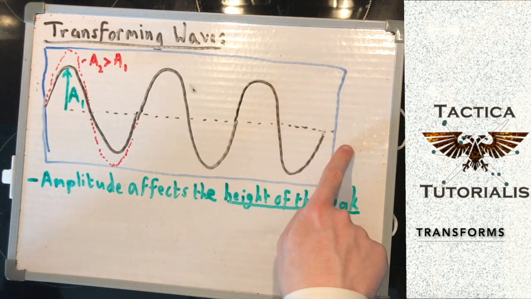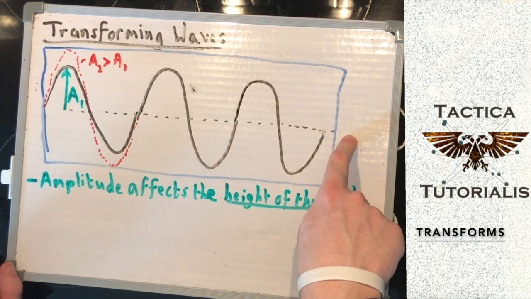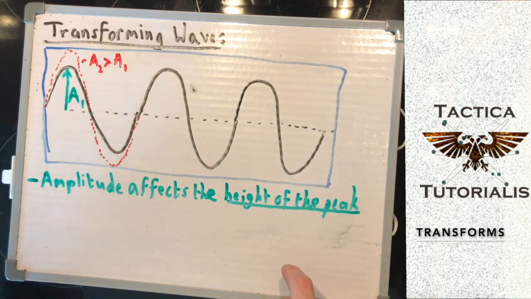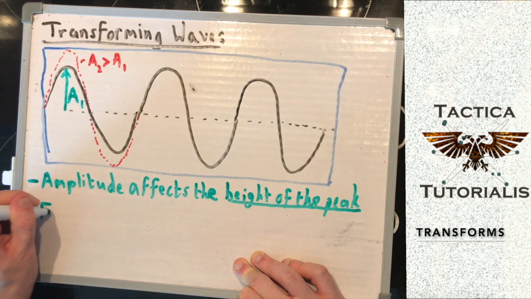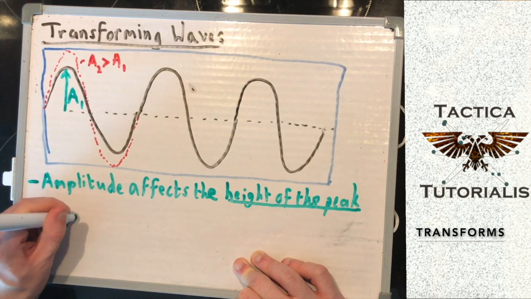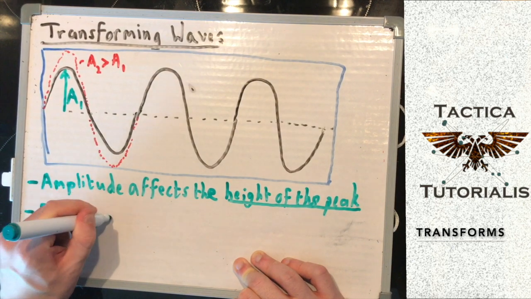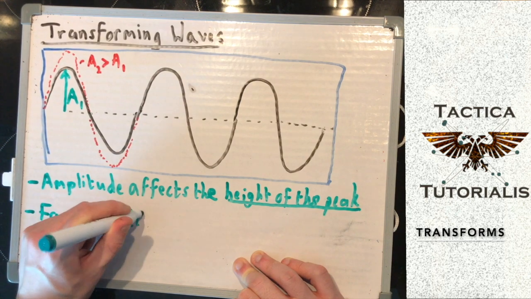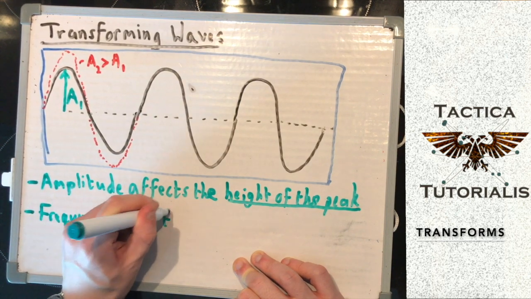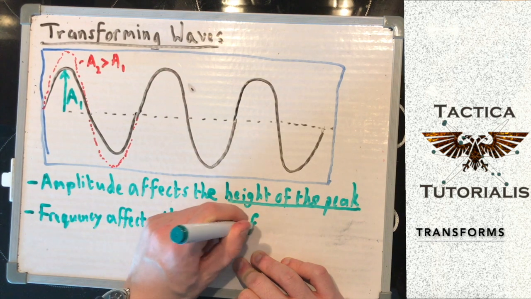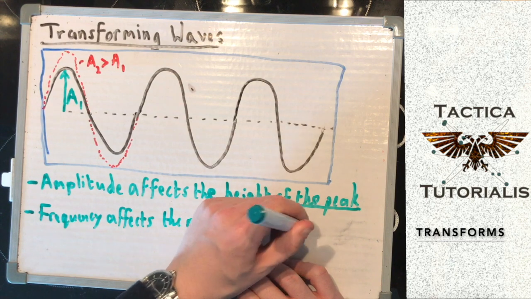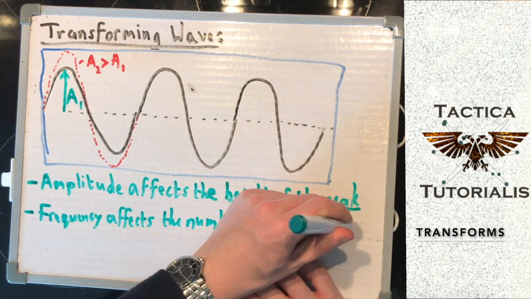So on this, you'd see as an axis would either be time or position. And to affect that, we affect it in two different ways. Normally, by changing the frequency. So remember that frequency is the number of waves per second.